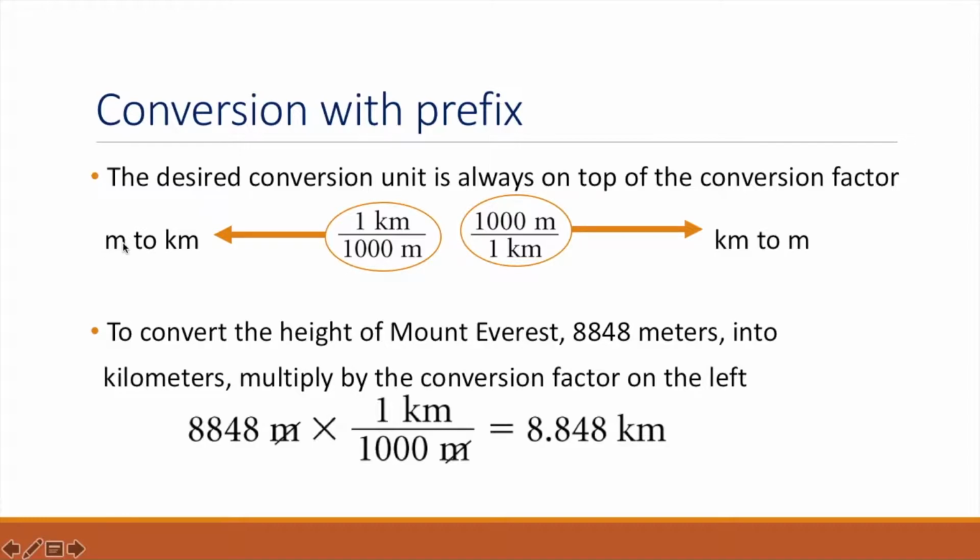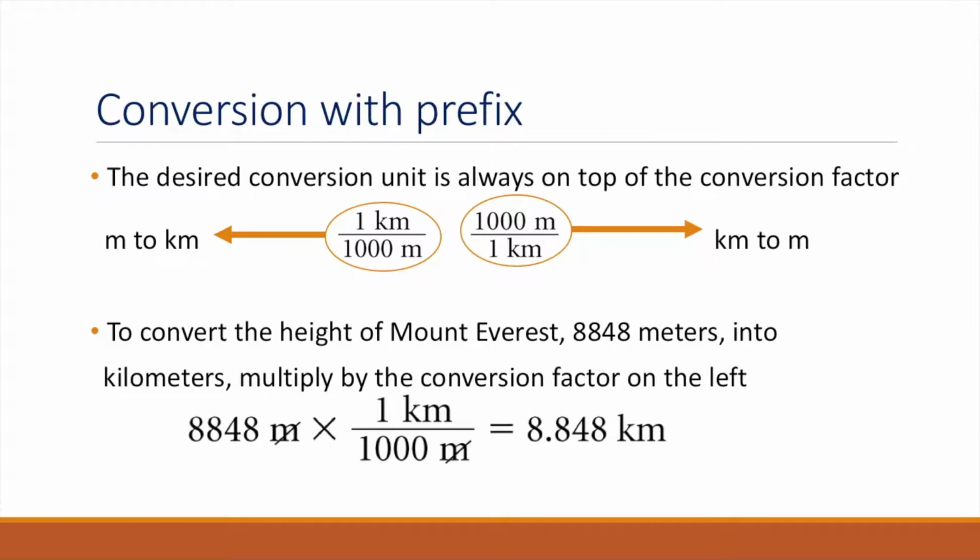Since I'm starting with meters, meters will go on the bottom, and kilometers would go on top because I am ending with kilometers. However, if I want to go from kilometers to meters, kilometers would be on the bottom because I am starting with kilometers, and meters would be on top because that is where I'm going.